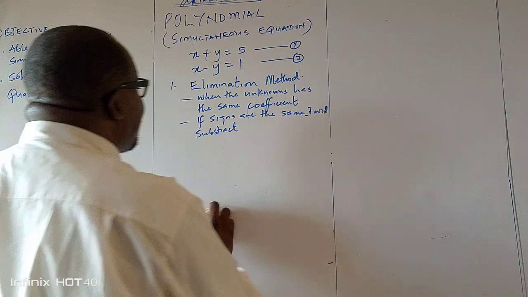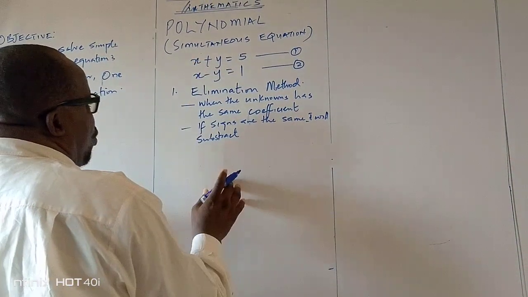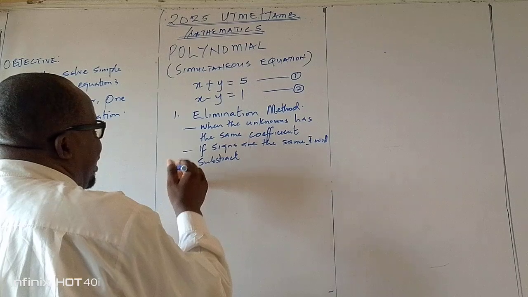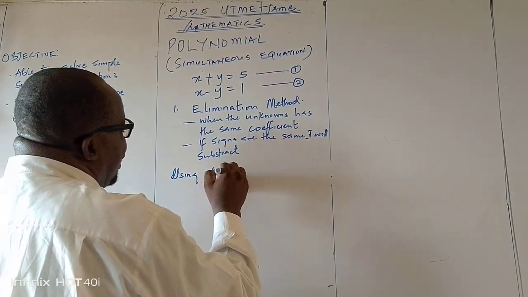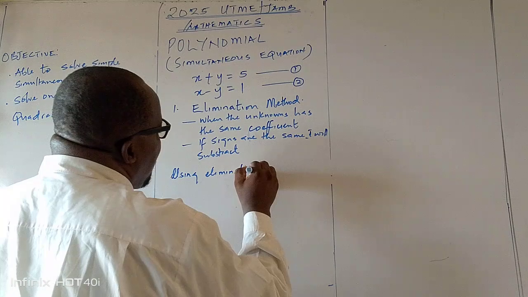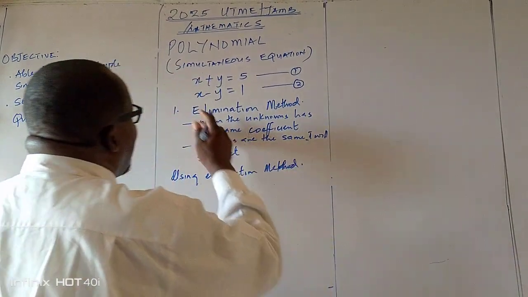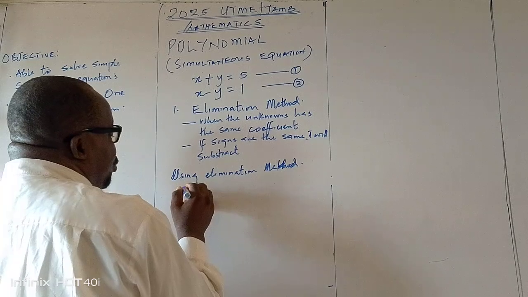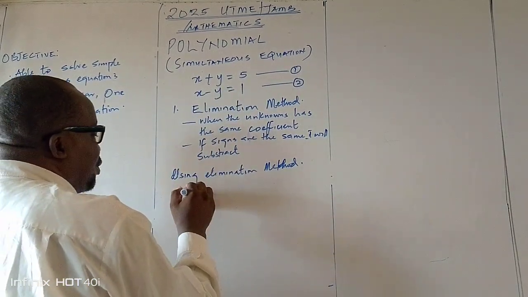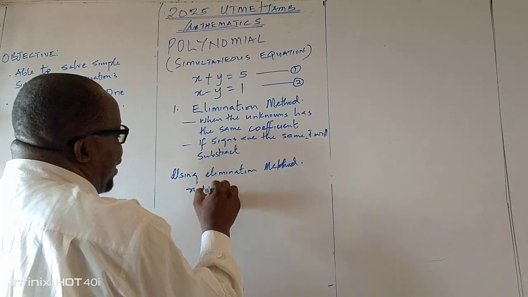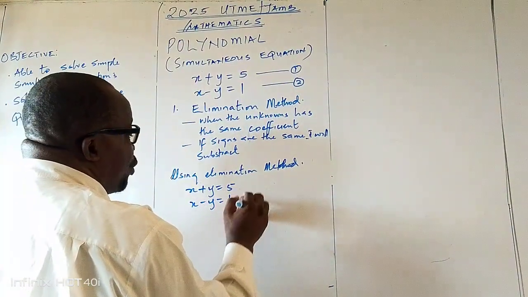Alright, so let's go back to the example on the board. Because the coefficients are equal, I will use the elimination method, and I want to now subtract, subtracting 2 from 1. I have x plus y equals 5, x minus y equals 1.